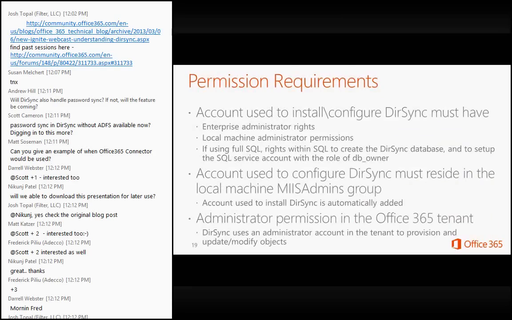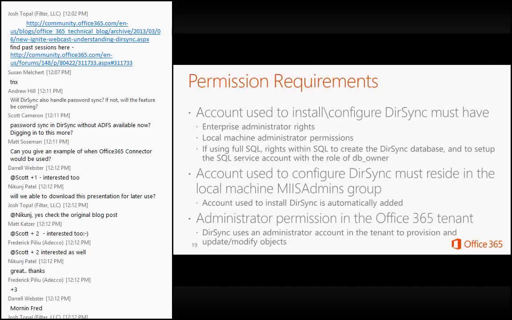So the permissions that are required: you need enterprise admin rights, and you need to have local admin rights in order to be able to install directory sync. Now, when we use the enterprise admin rights, and we'll look at this in another slide, that enterprise admin account is specifically used just for a portion of the install, which allows you to then create the relevant users inside your Active Directory forest to then allow you to sync up to Office 365 using that new account that's just been created as part of the install.